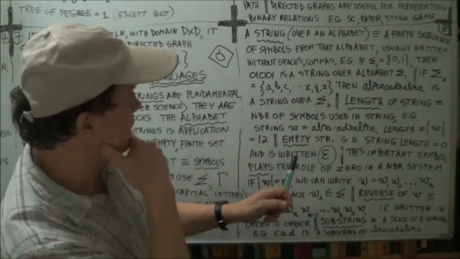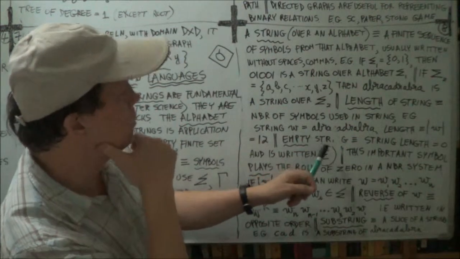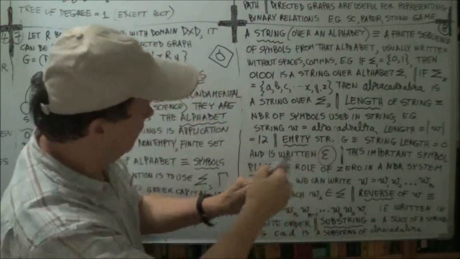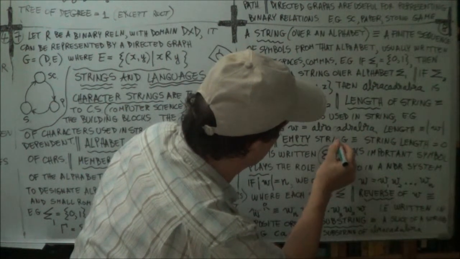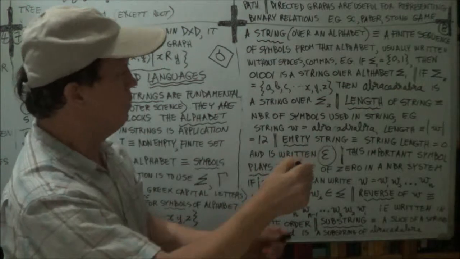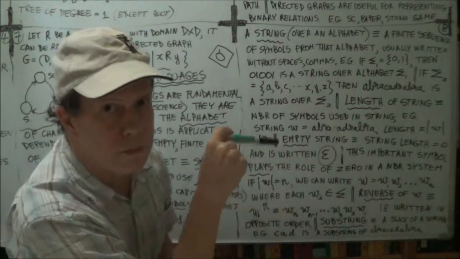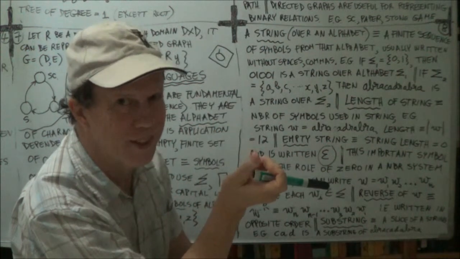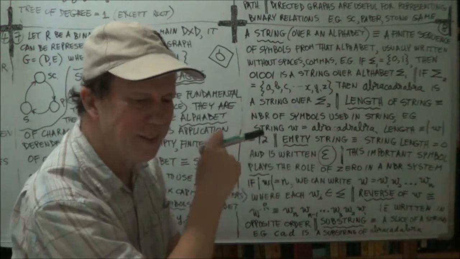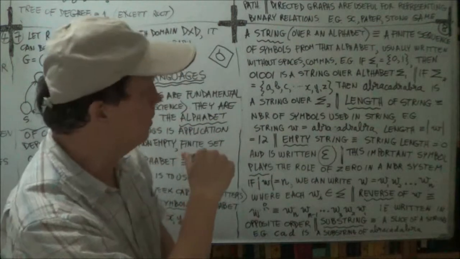Now the empty string. The empty string has length 0. It's a string of zero length, so there are zero symbols in the string. That's called the empty string.